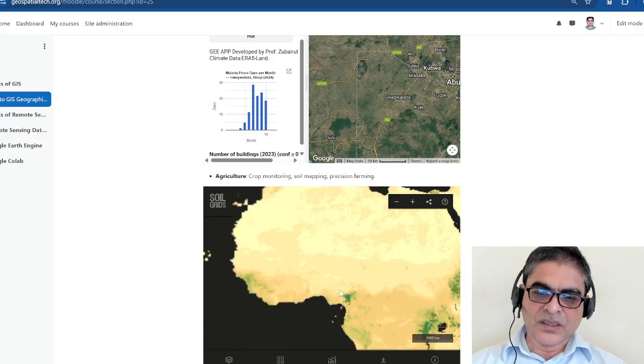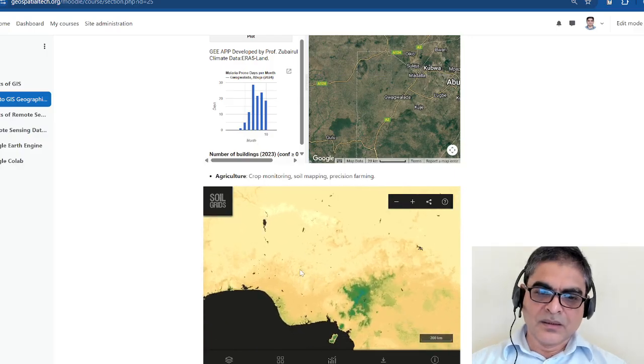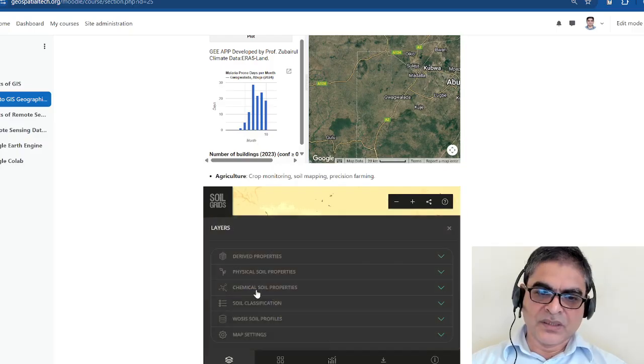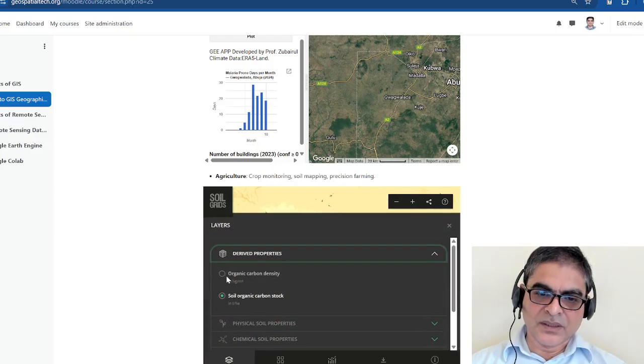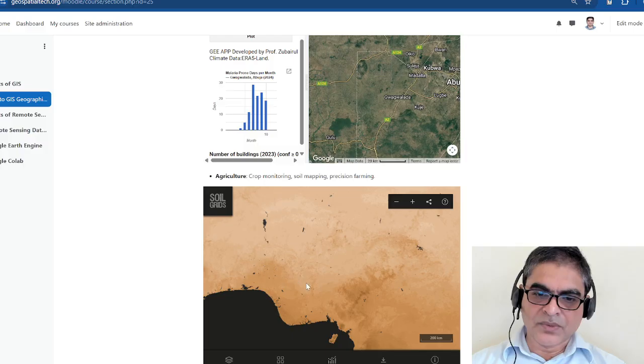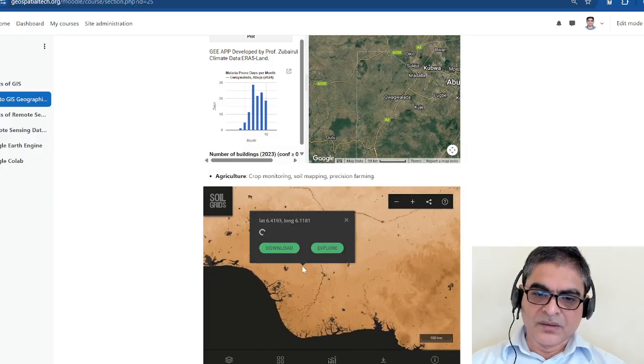We can zoom in to any area here, and choose whatever layer we want. This is derived data. If I need to know the organic carbon density here, this is the organic carbon density of this place, something like 100 grams per cubic meter.